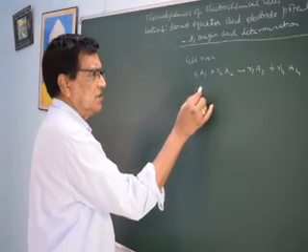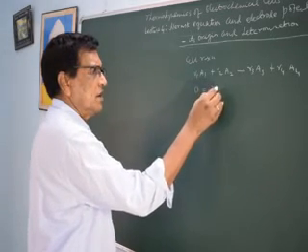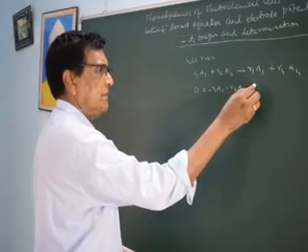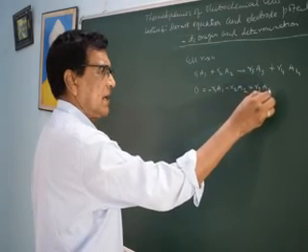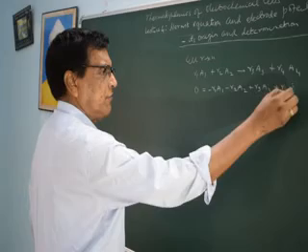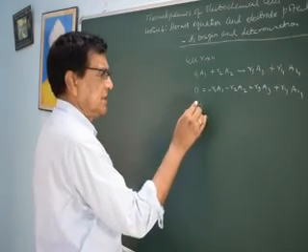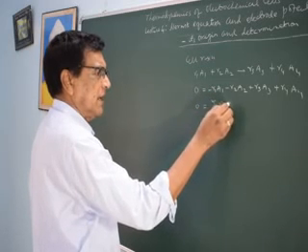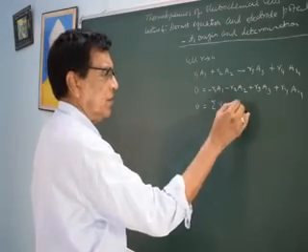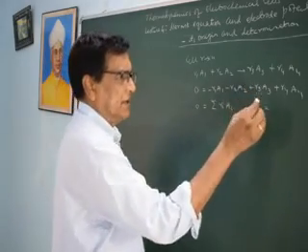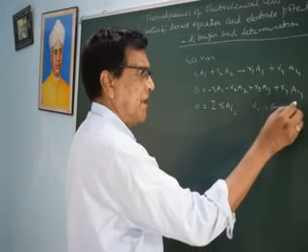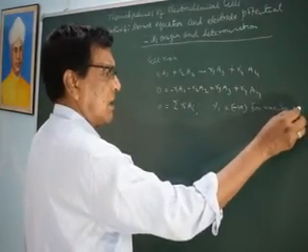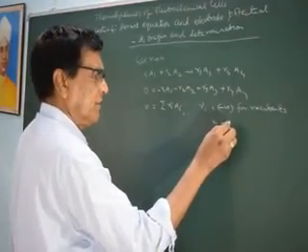We can write this as 0 equals minus nu1A1 minus nu2A2 plus nu3A3 plus nu4A4, or in short, summation of nu I and AI, where nu I is negative for reactants and positive for the products.